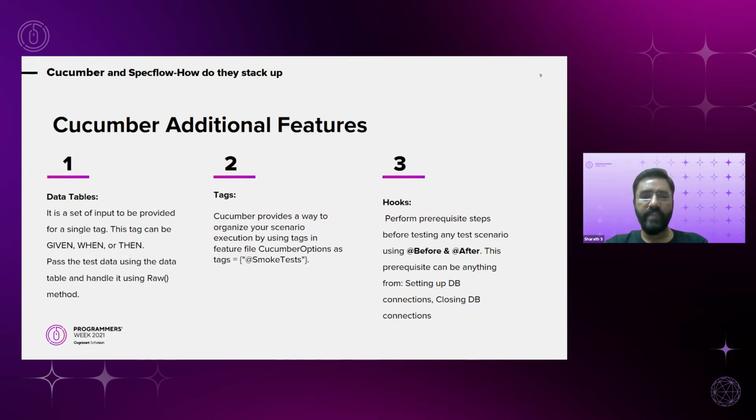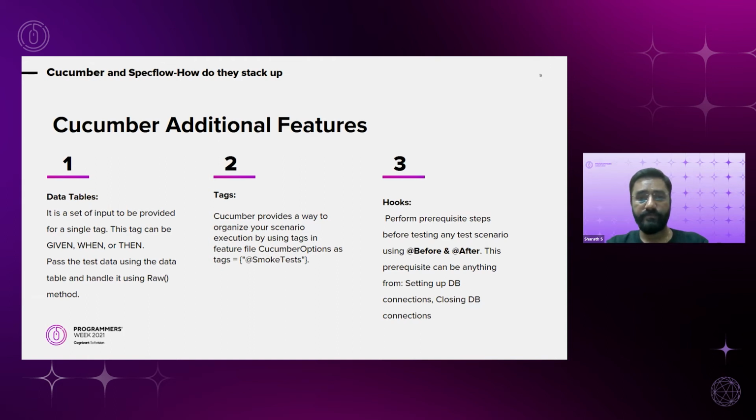So with the help of tags, what we can do, since a feature file can have multiple scenarios, and the number of scenarios there are, I mean, say we have 10 scenarios. We don't want to run all those scenarios as part of smoke test, isn't it?